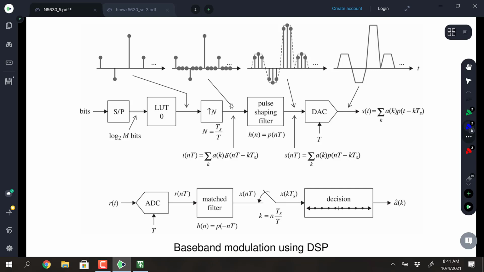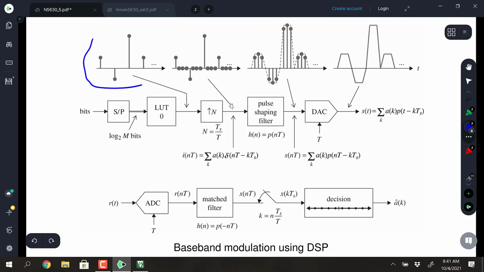It's the mapping between individual bits or bit groupings and some amplitude, and then we would eventually drive that waveform into an upsampling operation, and that's what the figures across the top are saying. We have different amplitudes coming out of the lookup table.